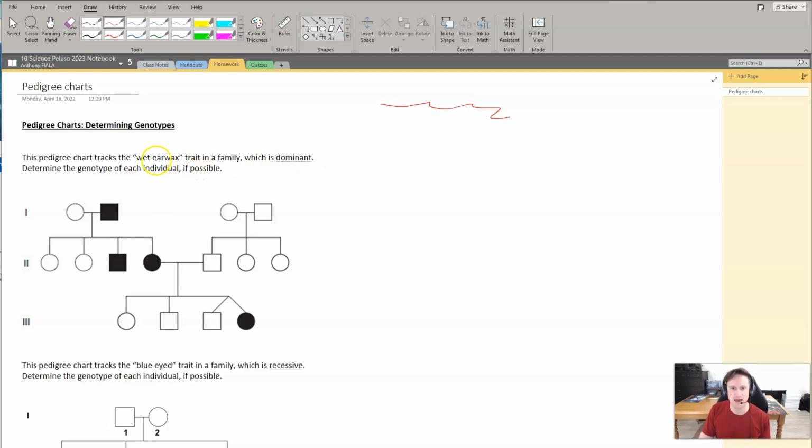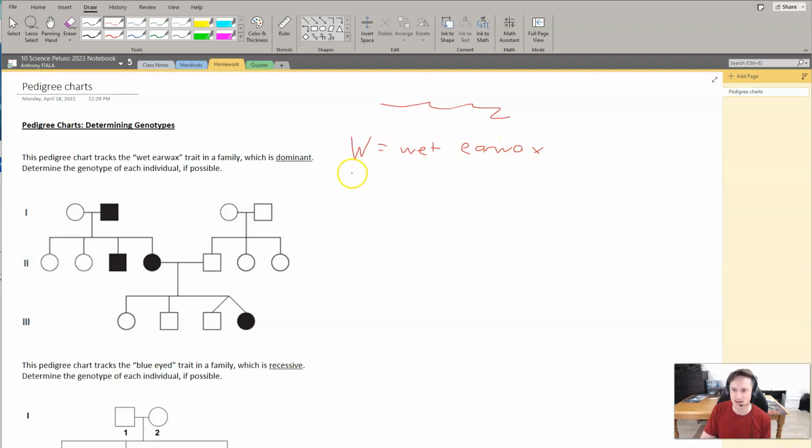Now, if we're talking about earwax, if you're talking about letters to specified genetic traits, usually the letter corresponds to the dominant trait. So wet earwax, I guess that could be maybe big W. So that is the dominant one. Okay, so big W would be the wet earwax.